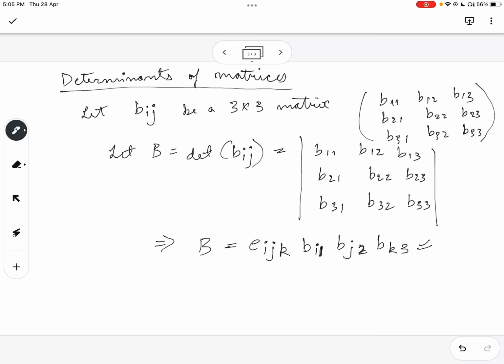So what we'll do is apply the permutation symbol on both sides of the equation. Then we get, say, Emnp B is equal to Eijk Bim Bjn Bkp.